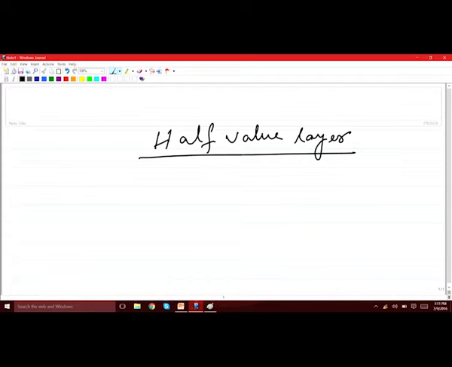So, this shielding is nothing but absorbing. So, it has to do with the absorption coefficient mu, and this half value layer, as the name suggests, is the thickness at which the X-ray intensity decreases by half.